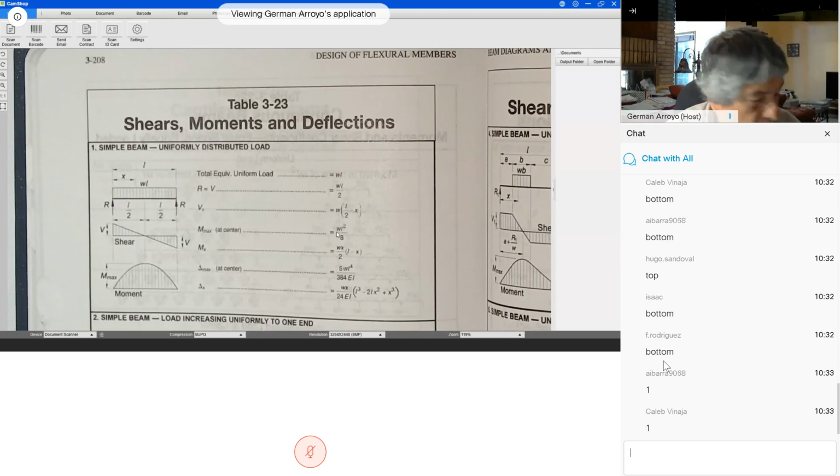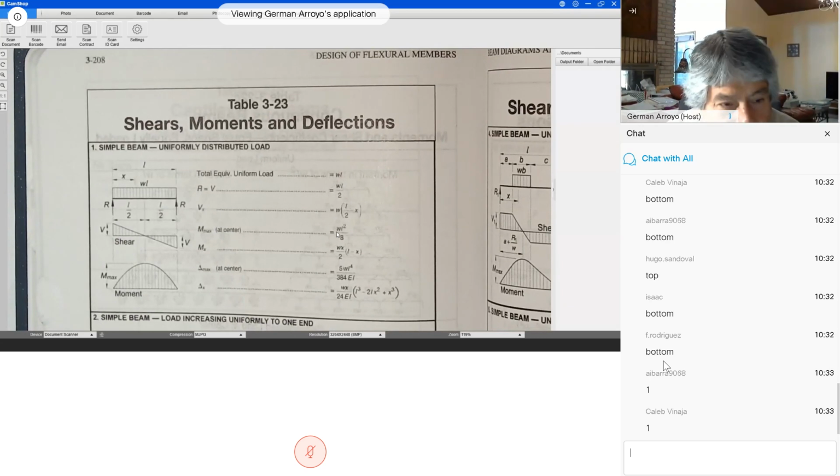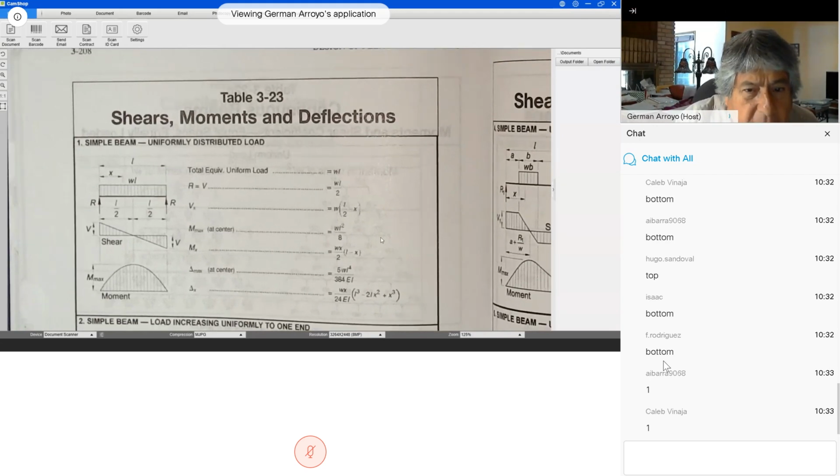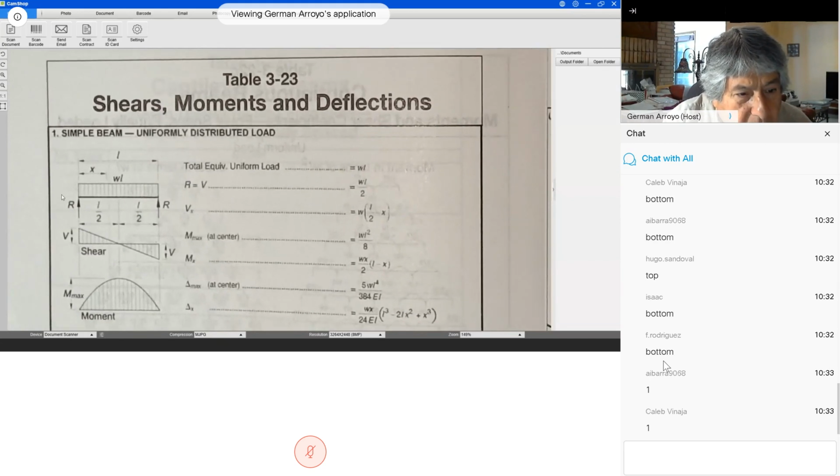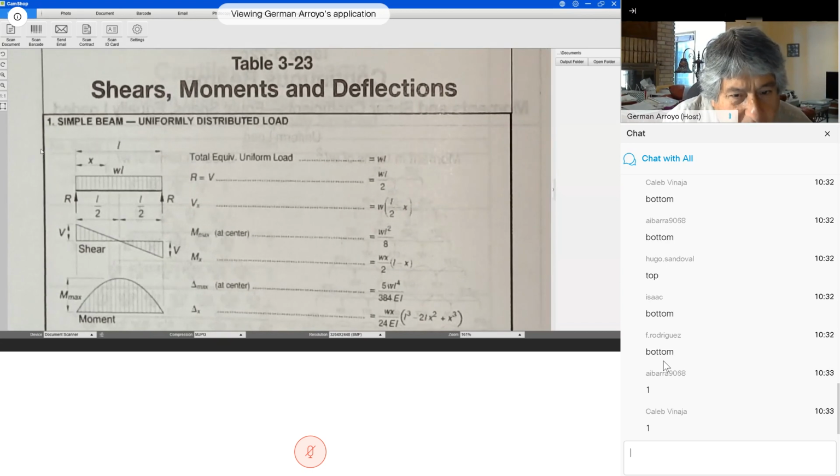Chapter 3, page 208. In this page, you have everything that you always wanted to have. You have to be careful how they use the letters in here. Uniform distributed load, shear diagram, moment diagram.